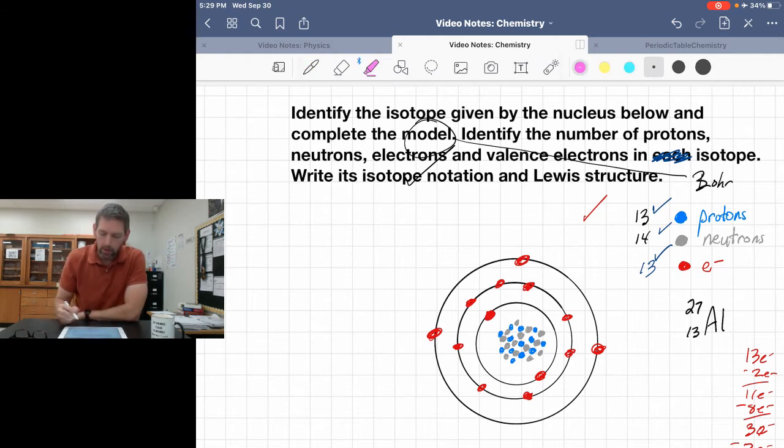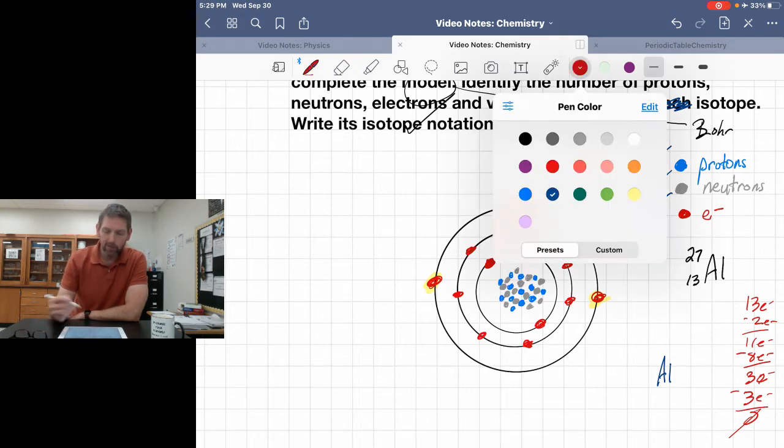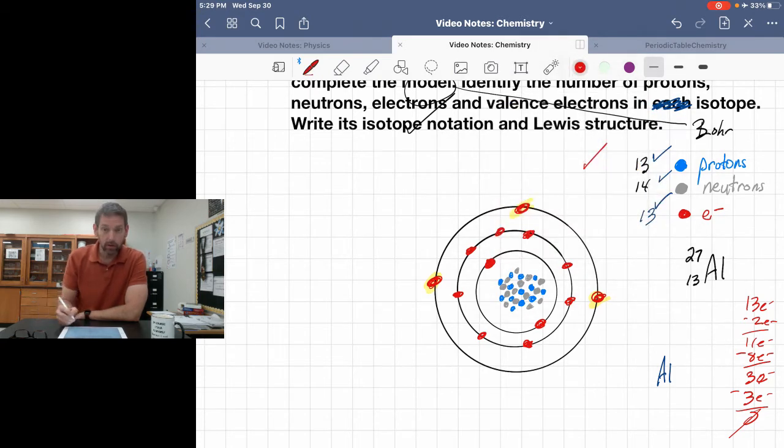Well, we can see here that on the outermost part, that would be the third orbital, there's one here, there's one here, and there's one here. So we have 3 valence electrons. So the way you write a Lewis structure, first and foremost, you write the element symbol, and then you literally put how many valence electrons you have. So we see that there's 3.